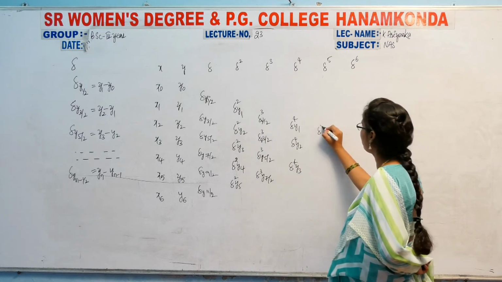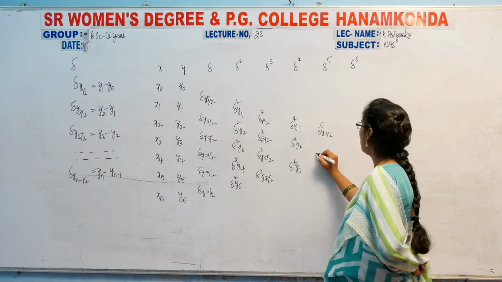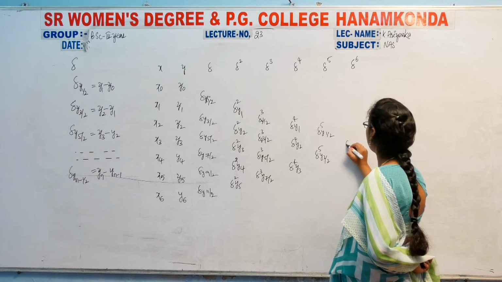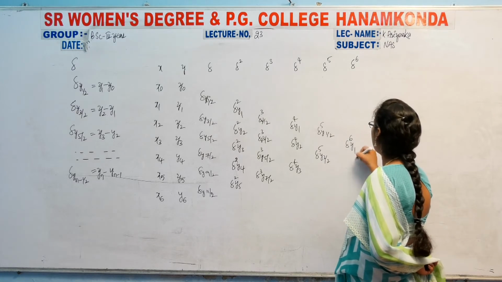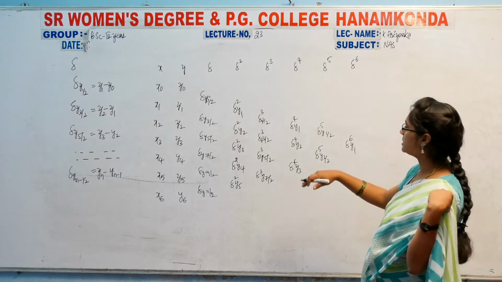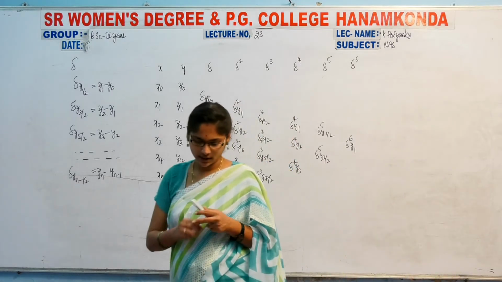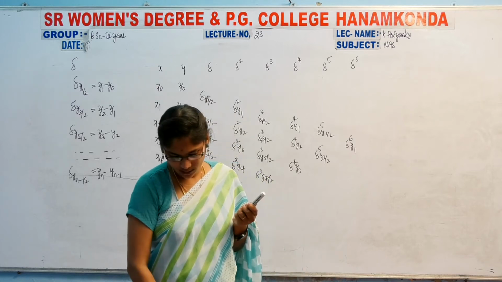Next gamma power 5 y 1 by 2, gamma power 5 y 3 by 2. Next finally gamma power 6 y 1. So one is like a ratio, fraction, and one is a direct value. Okay, like that you have to consider, and this is nothing but the central difference.